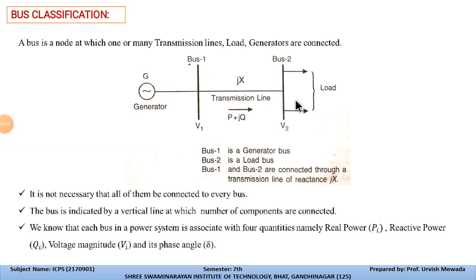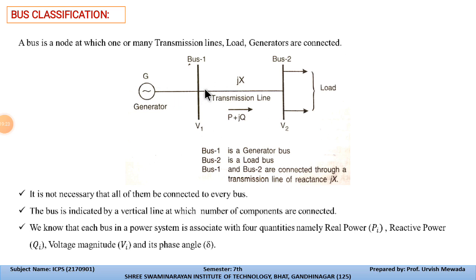A bus is a node, a point at which one or more transmission lines, loads and generators are connected. In this diagram you can see we have a generating station. After this generating station we have bus number 1, and the voltage of bus number 1 is V1.